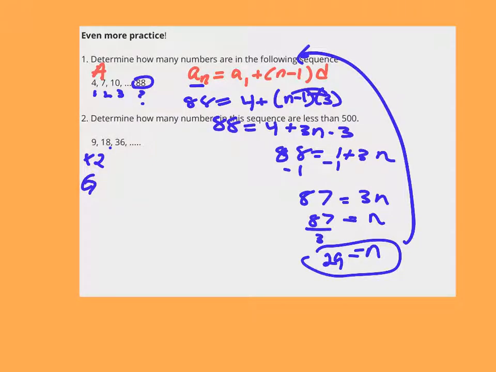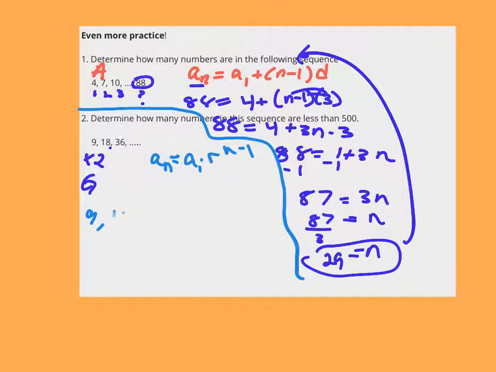So if I look at the explicit formula for a geometric sequence, that explicit formula is a sub n is equal to a sub 1 times r to the n minus 1 power. I want to figure out how many of them are less than 500. So I have a couple of options. I could go ahead and just generate my sequence.